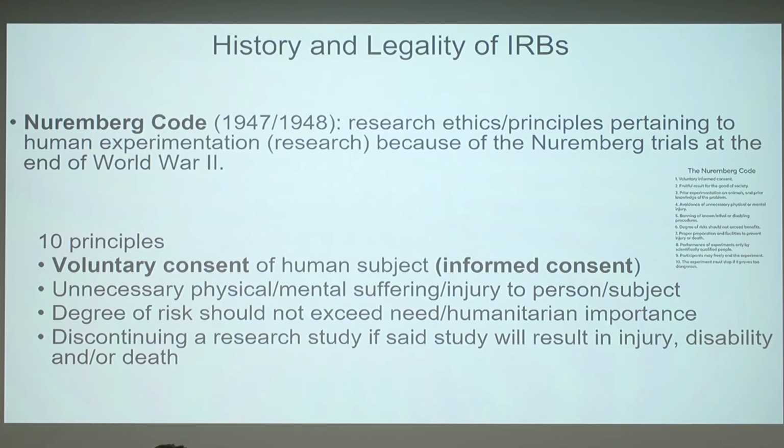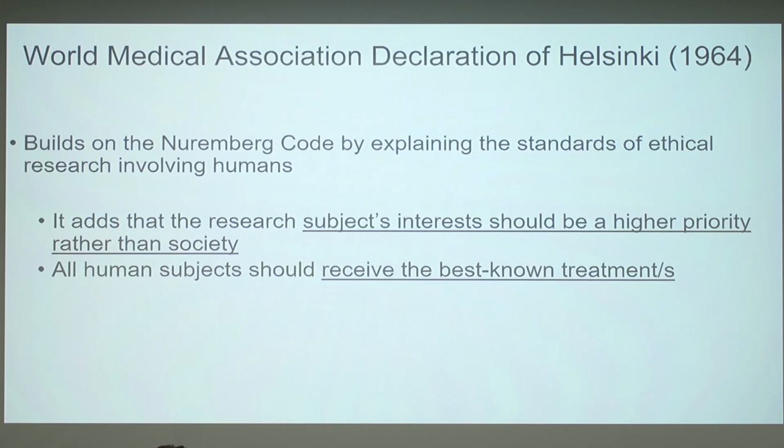So what came after the Nuremberg Code was the Declaration of Helsinki in 1964. This extended the Nuremberg Code, particularly when looking at research conducted in humans, in that you needed a medical provider to be a part of that study and help support it.